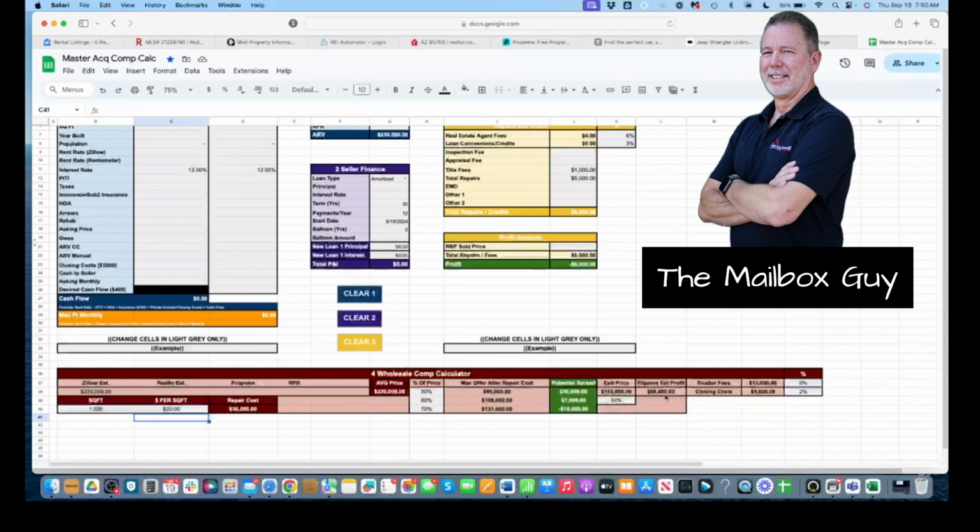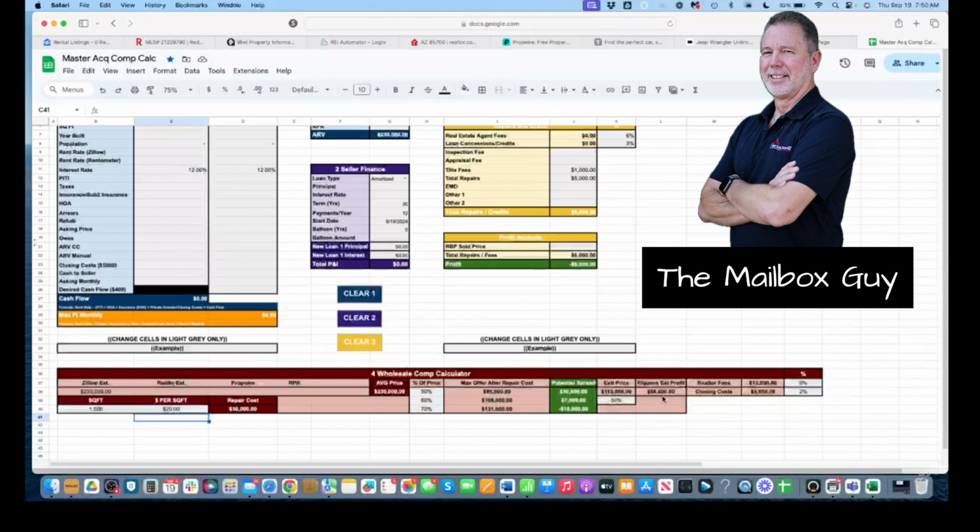We've already calculated into this number his repair costs and his reselling costs, which are the realtor and closing costs. Does that make sense? What I didn't calculate in here is his holding costs, because some flippers finance their own deals, and some flippers go out and get hard money.